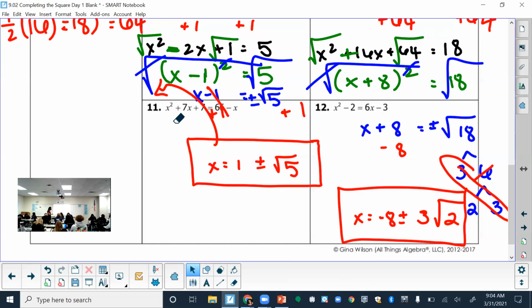So then you'll add 4 to both sides. So you'll add 4 to this side, and add 4 on the other. And then equals 28 plus 4. So equals.